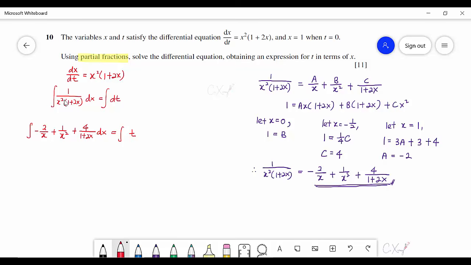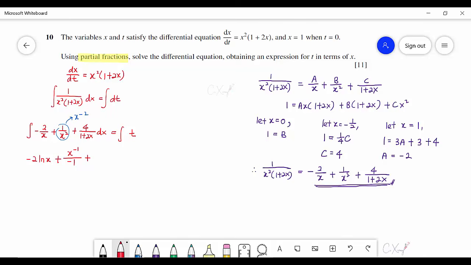So we can start our integration now. You integrate term by term. Integrate -2 over x, you have -2 ln x. Then plus, for the second term, you want to integrate x power -2. When you have x power -2 and want to integrate, you add 1 to the power, so it becomes power -1 divided by -1.